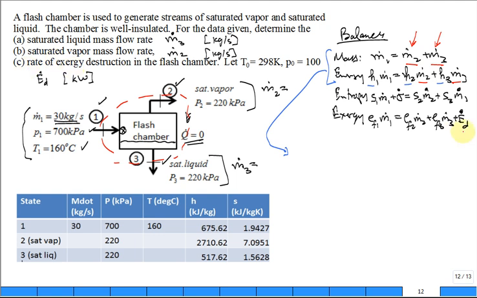You can use this equation, or you can just use the entropy equation where the rate of exergy destruction is the rate of entropy production times T naught. A lot of students like to solve the entropy balance, get the rate of entropy production, and multiply that by T naught, and you've got the rate of exergy destruction. Otherwise, you can create another column, the flow exergy, calculate those values, and do it with an exergy balance.